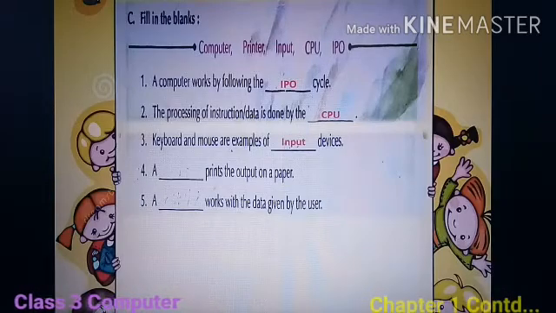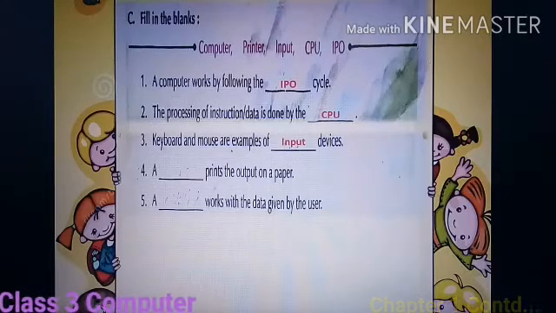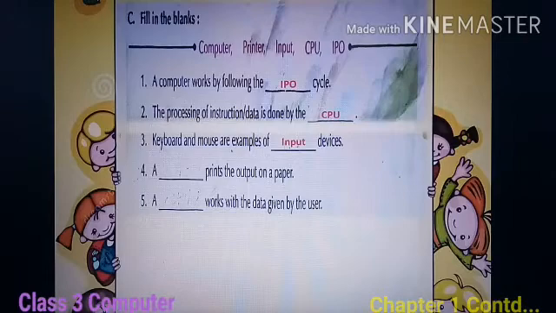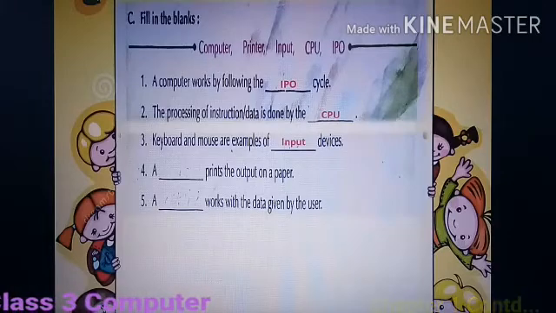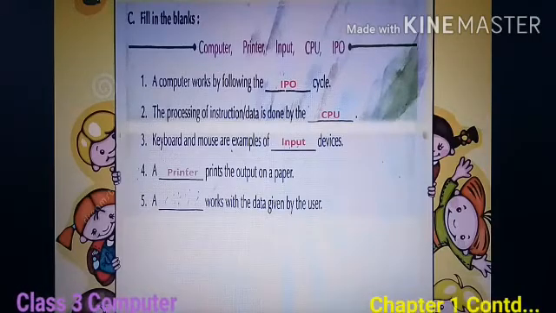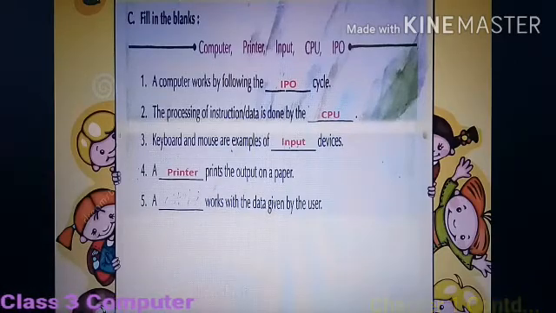Then the fourth question, a dash prints the output on paper. Usually, who prints the output on paper? Yes, you are right. A printer prints the output on paper.